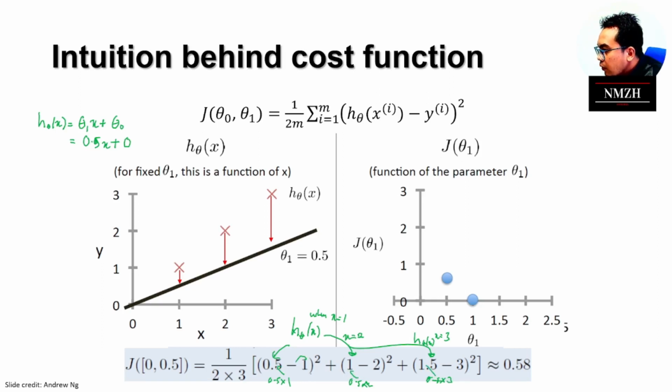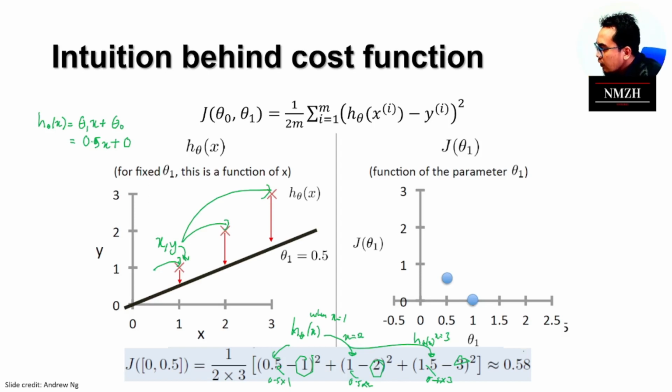So this is the one remaining, because what is the value of y for 1 to 3, guys? The real data. So we just put it that way. Then we subtract all the things: 0.5 minus 1 squared, 1 minus 2 squared, and we have 0.58.